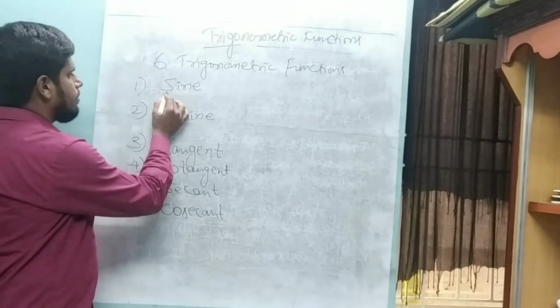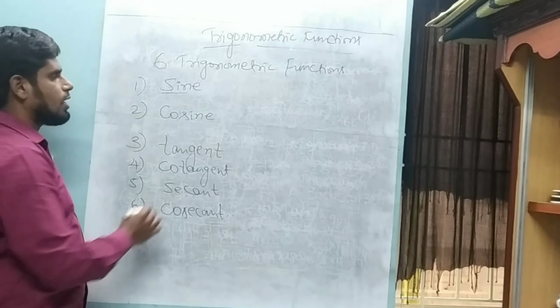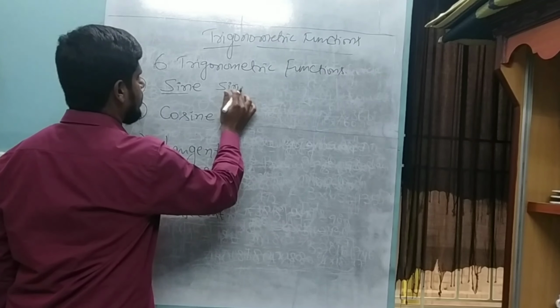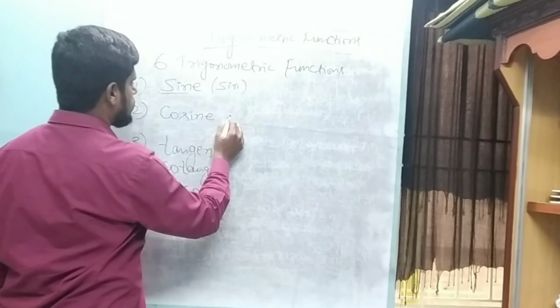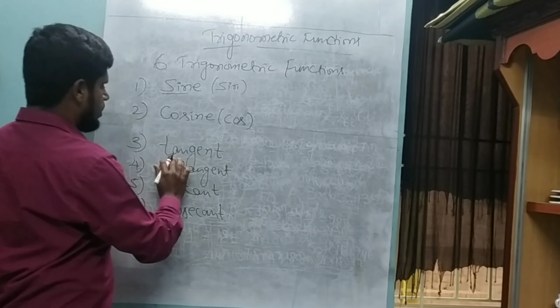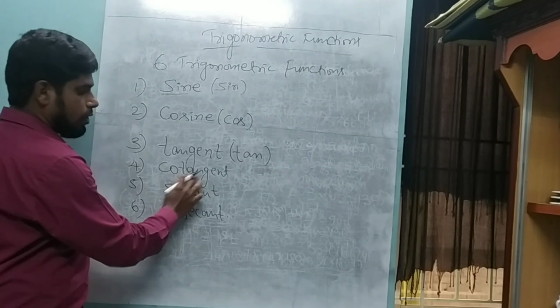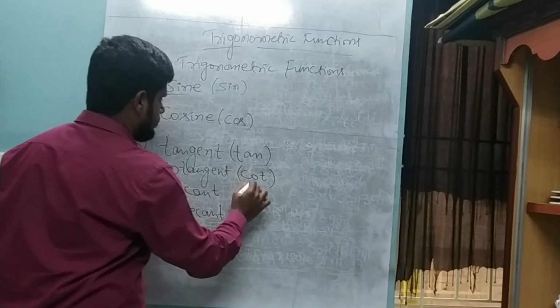In shortcut, these functions we will represent by the first 3 alphabets. Sine is represented by sin. Cosine, the first 3 alphabets are cos. Tangent, tan. Cotangent, cot.